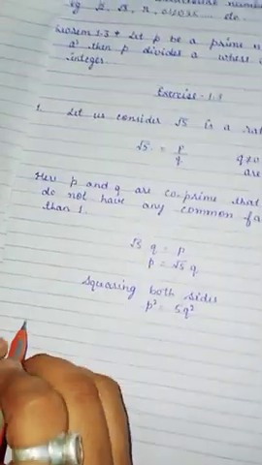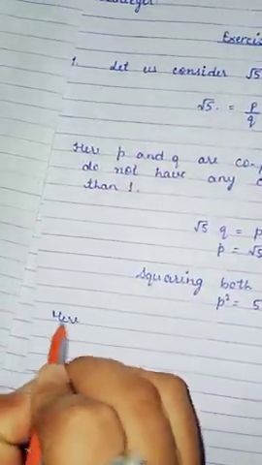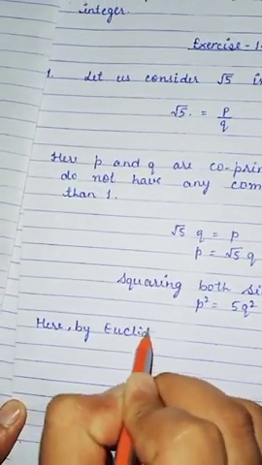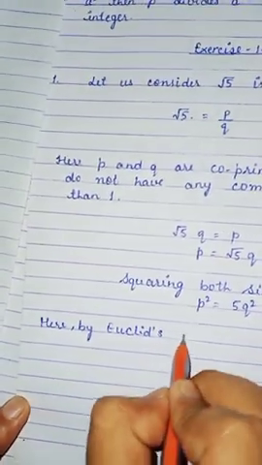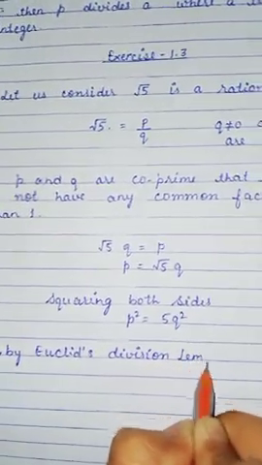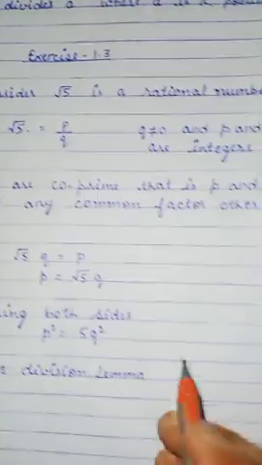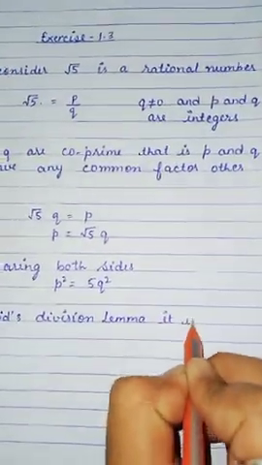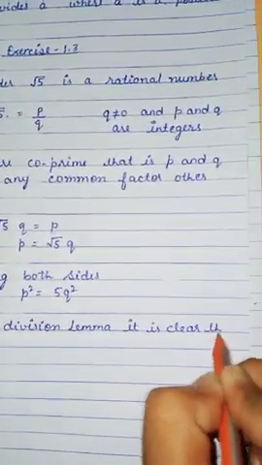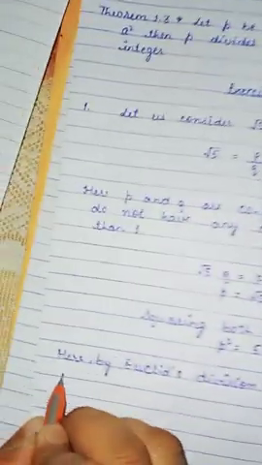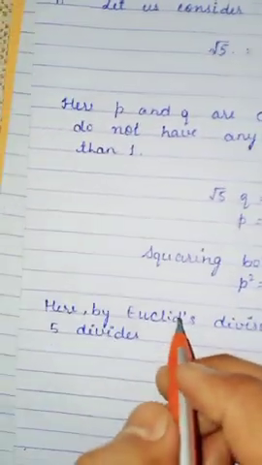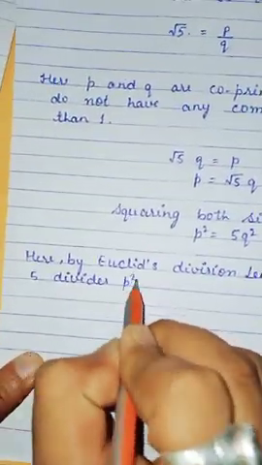So we can write directly, by Euclid's division lemma, it is clear that 5 divides p square.